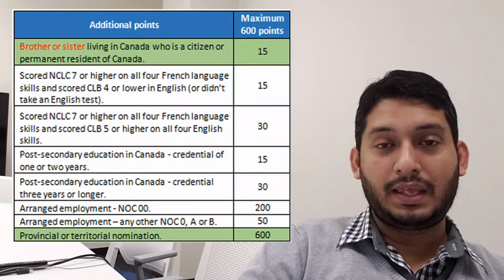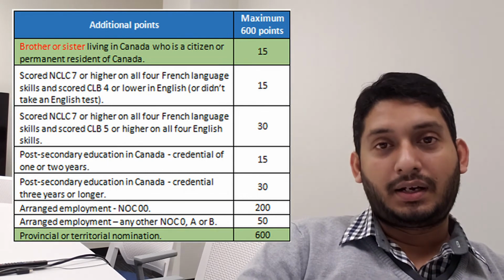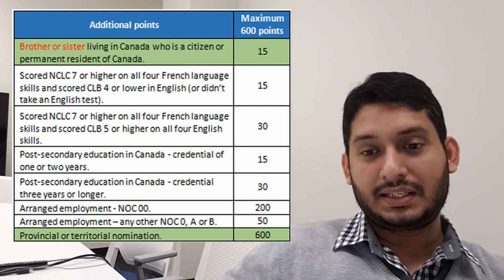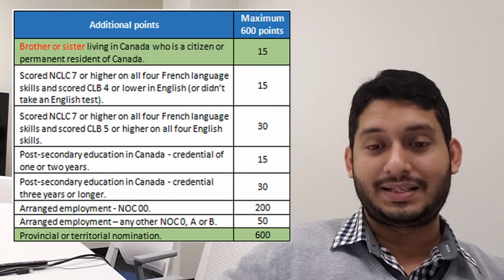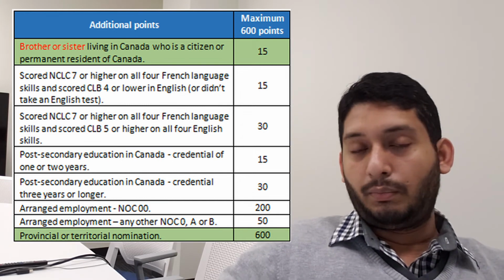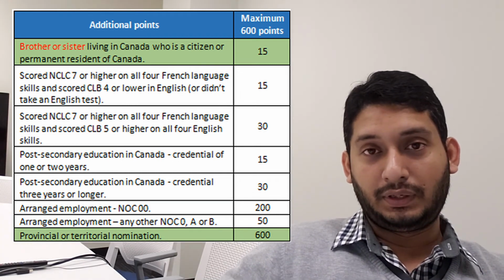Now there is another thing which we call additional points. In the additional points, you can claim a maximum of 600 points. As you can see in the table, I have marked 2 rows in green, because I feel most of us will fall under only these 2 categories, if we are lucky enough.